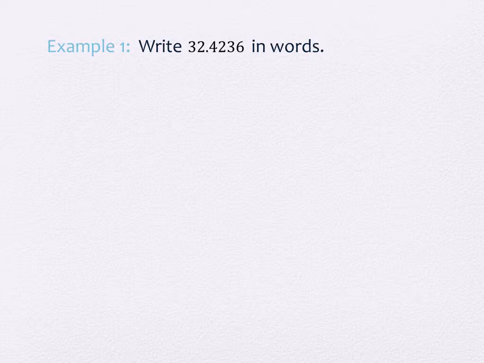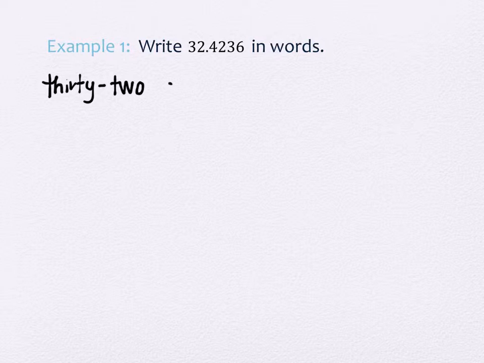We start out correct. The first part we say is 32, that part's good, so let's write that down. So we are going to say 32. There is a hyphen between the 30 and the 2, okay? The decimal point is always read in the same way, and we need to read it correctly on that one for sure. Do you know what we read the decimal point as? And, okay?